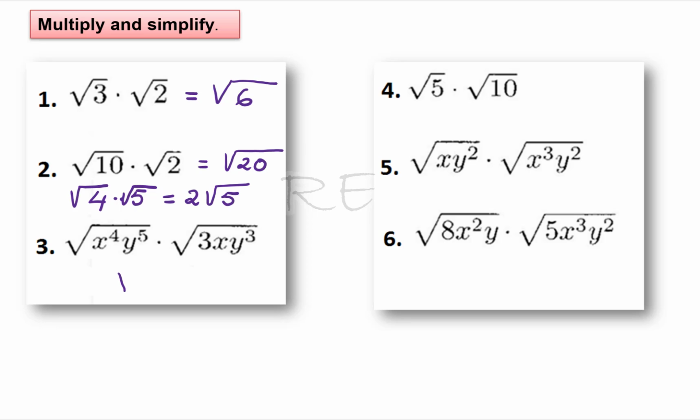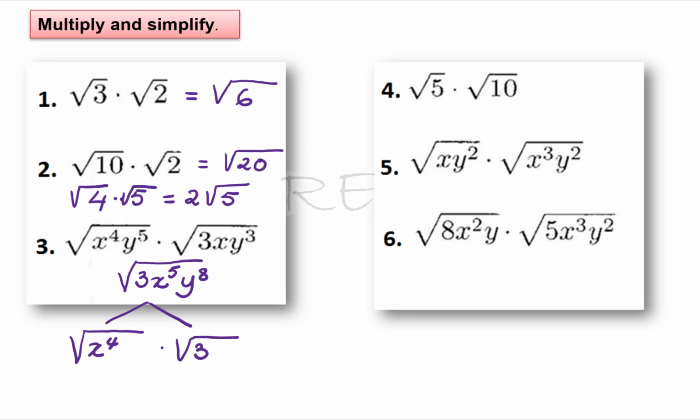For number 3, we're going to put everything together and then separate the irrational from the perfect square. 3x to the 5th, y to the 8th, 5 plus 3. We create a radical for the perfect square and a radical for the irrational. 3 is not perfect.